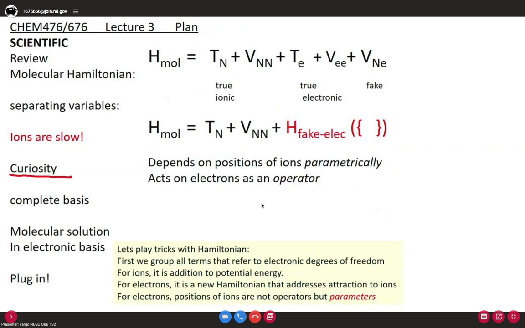So the discovery of the main point of Born and Oppenheimer was to assign this electron to nuclear interaction as part of the electronic degrees of freedom. So assume that this bad guy belongs to the electronic degrees of freedom and that nucleus moves slowly. And then these three terms will be considered as one thing.